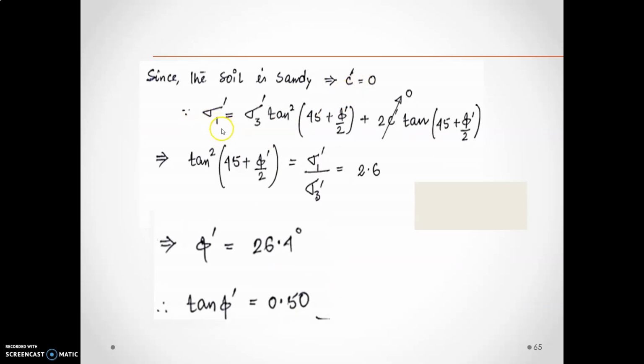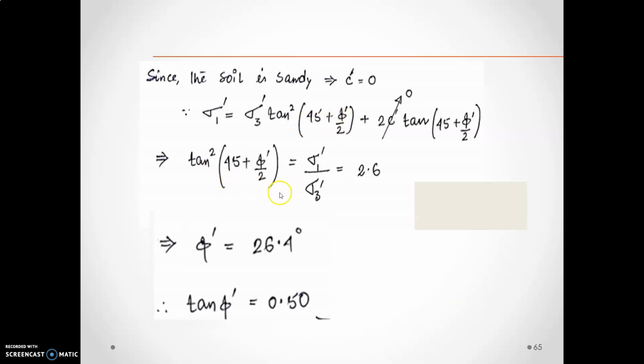We know sigma 1 dash is equal to sigma 3 dash tan square alpha plus 2c tan alpha, where alpha is equal to 45 plus phi dash by 2. Now we have c equal to 0 here, so this term will not be there. So only sigma 1 dash is equal to sigma 3 dash into tan square of 45 plus phi dash by 2.